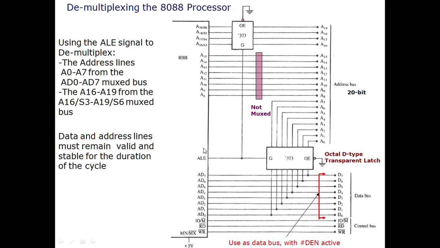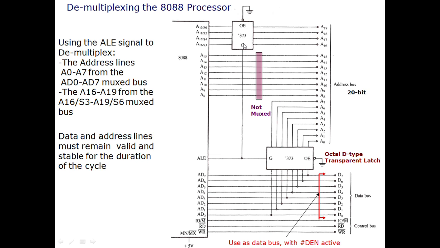So here we see the situation when 8088 is used in the minimum mode, and all of the multiplexed pins are demultiplexed. So this is the 373, a chip that when enabled, just allows the inputs provided here to pass to the output.